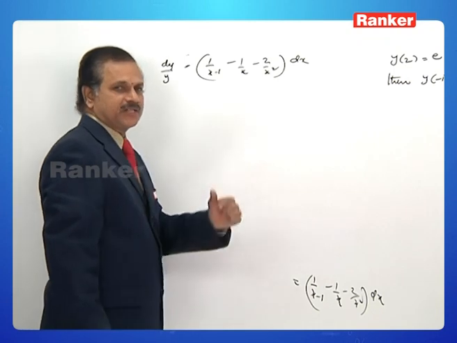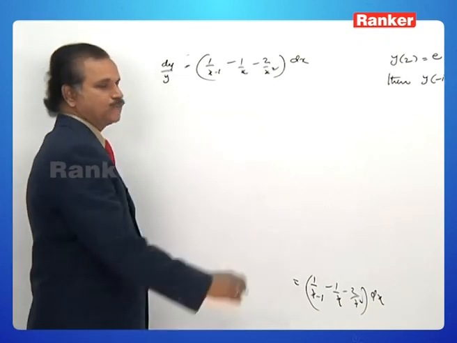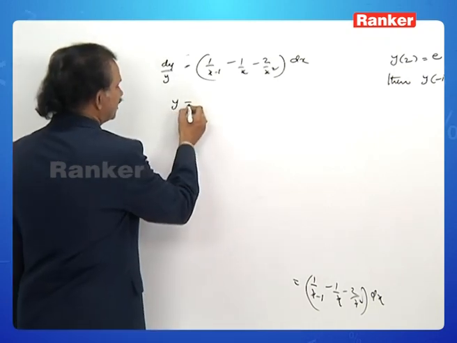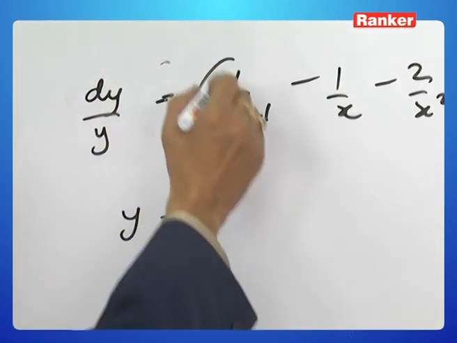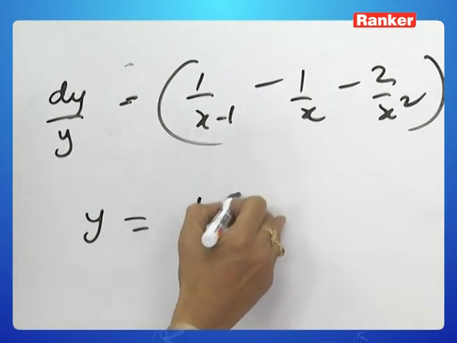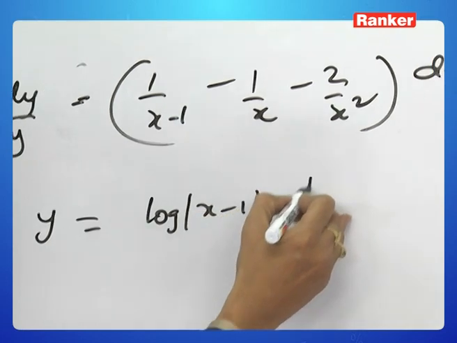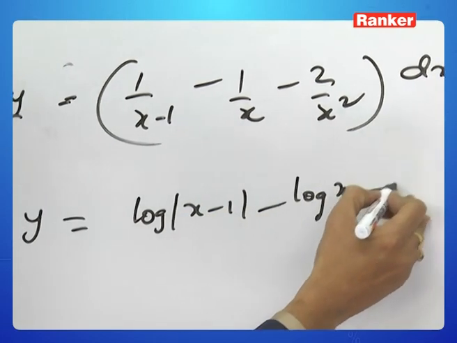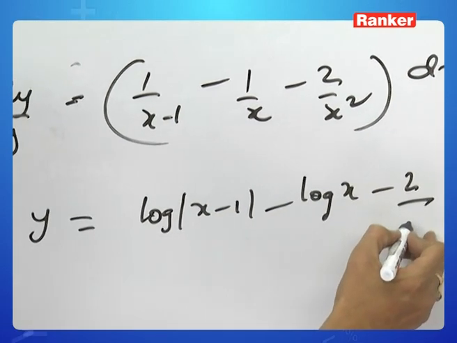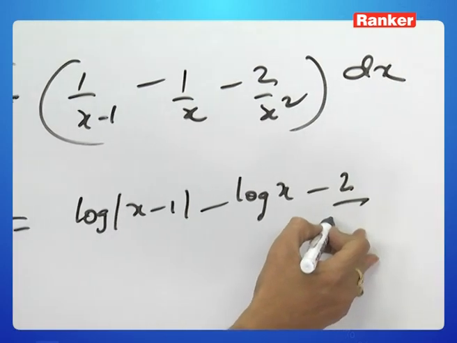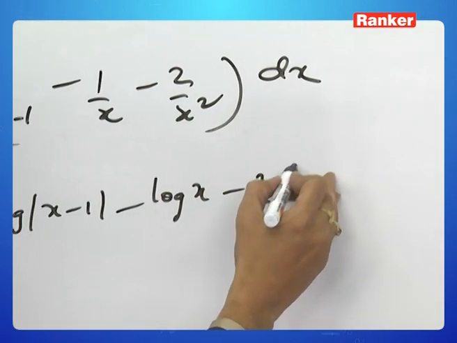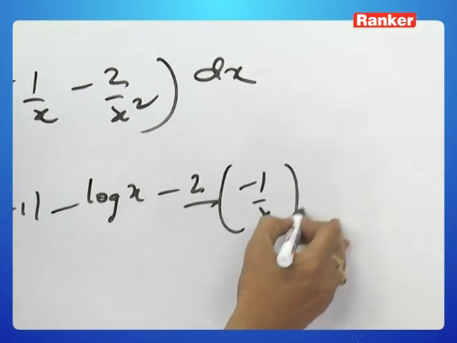Let us now integrate it with respect to x on both sides. Log y is equal to, what is the integral of 1 by x minus 1? Log mod x minus 1, minus log x, minus 2 into, what is the integral of 1 by x square? Minus 1 by x, plus c.